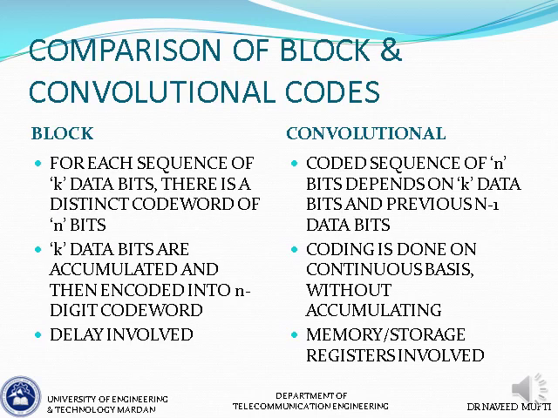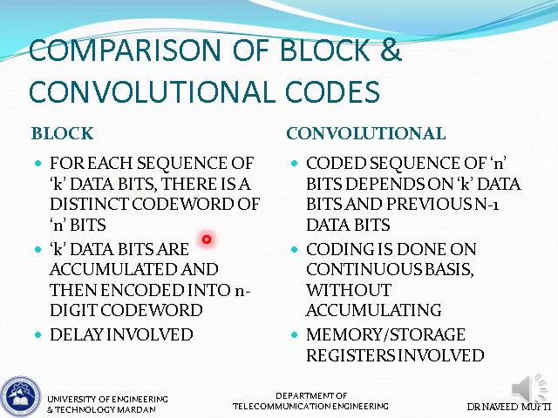Okay, so first of all, coming over to the comparison of block and convolutional encoding. In block encoding, we have to specify a block size. So we have to wait for a certain number of data bits, let's say k data bits, and for each sequence of k data bits there is a distinct code word of n bits.